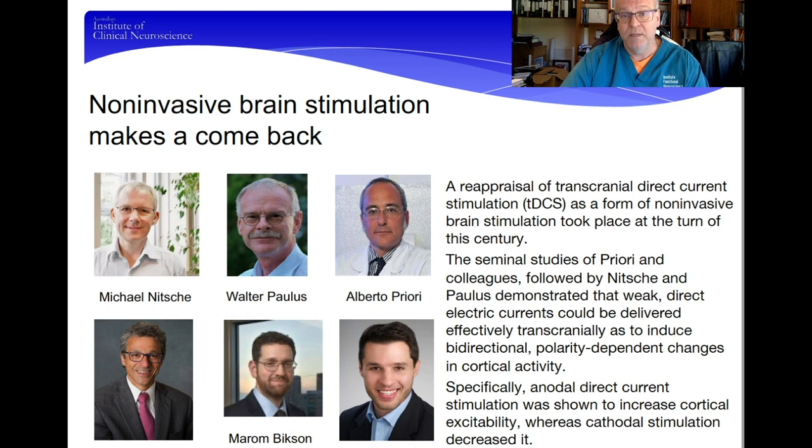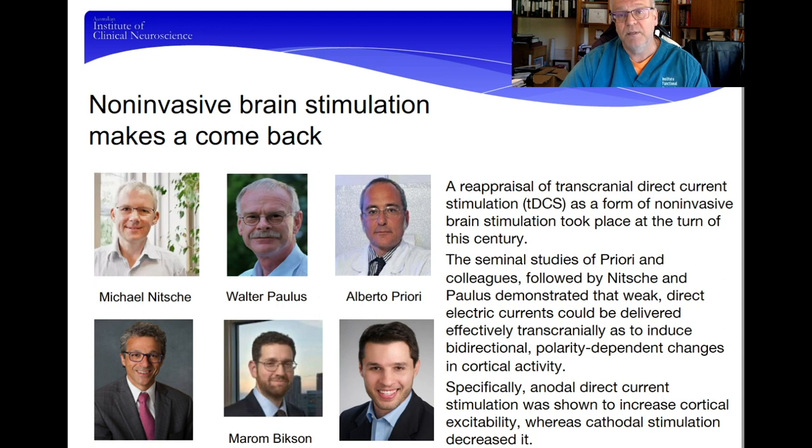So basically Nitsch and Paulus demonstrated that weak electric currents could be delivered effectively transcranially, and they can induce bidirectional or polarity dependent changes in cortical activity. Huge breakthrough papers, huge breakthrough concepts, and they really started the whole investigation into these transcranial non-invasive techniques.